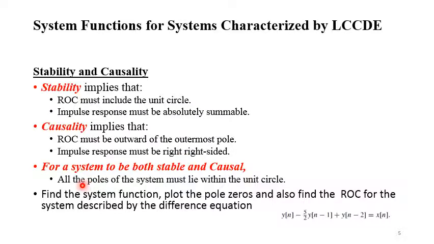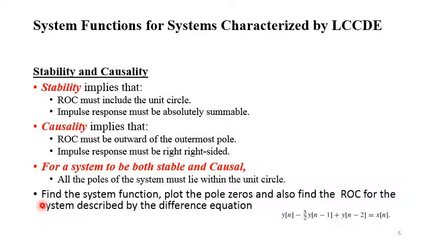Now the next thing is for a system to be both stable and causal. For stability, the ROC must include the unit circle, and for causality, the ROC must be outside the outermost pole. So all poles of the system must lie within the unit circle.